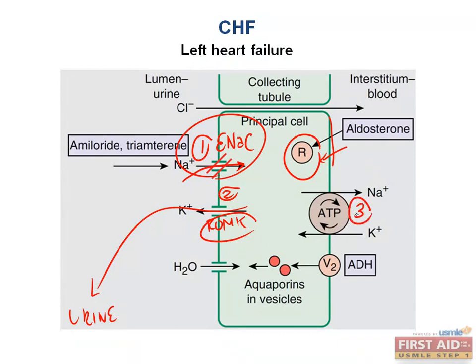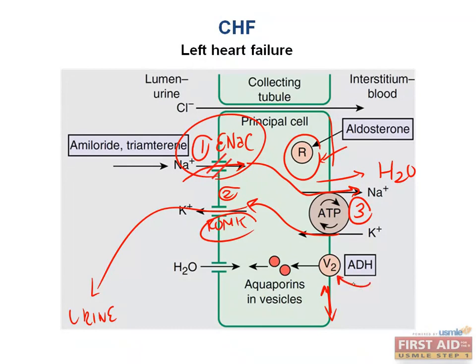It also increases the transcription of the basolateral, this is the basolateral side here, the basolateral sodium potassium ATPase. Why? Because it gives us a gradient to pump out this potassium, which goes out through the ROMK, and continue to reabsorb sodium. And what follows sodium? Water. And we are increasing our intravascular volume, which is the main purpose of this entire mechanism.